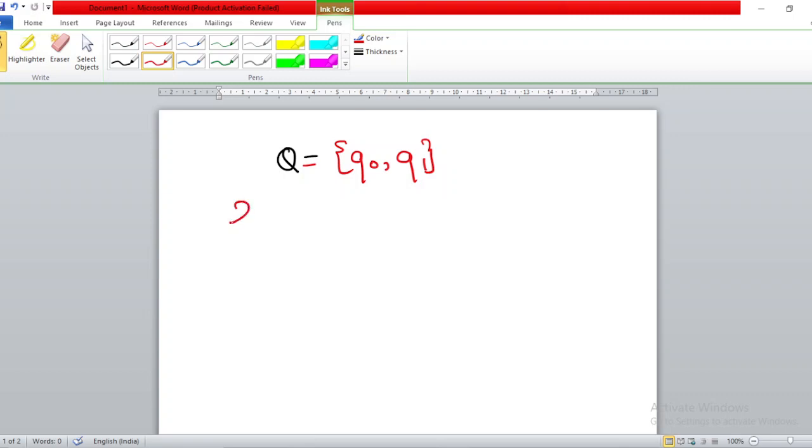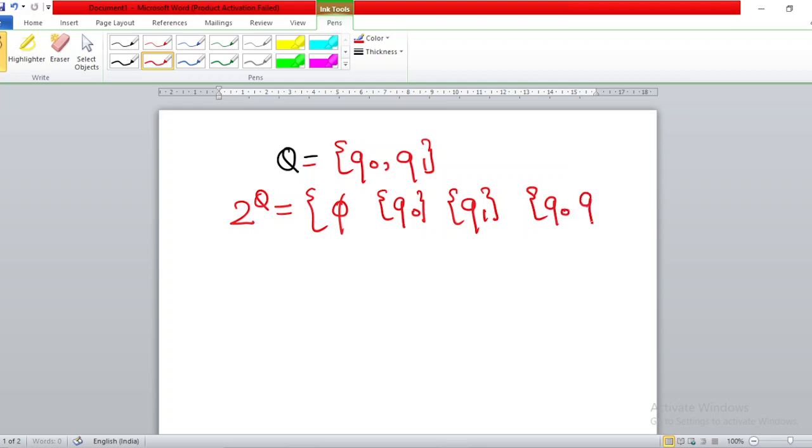What will be the power set of this set? It will either be an empty set, or q0, or you can have q1, or you can have q0 q1. So if a set is having 2 elements, the number of elements in the power set will be 2 to the power 2, that is 4, and this is how we calculate the power set.